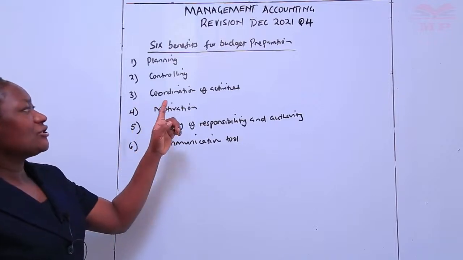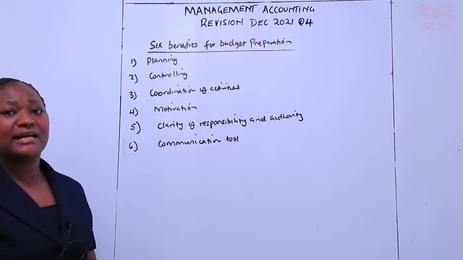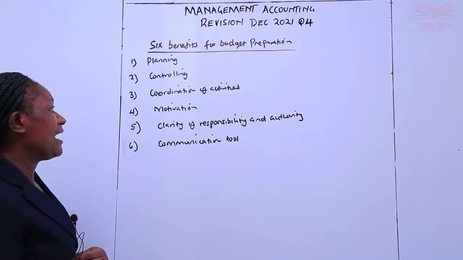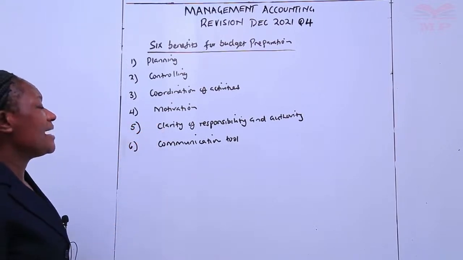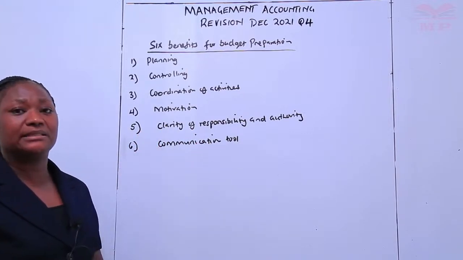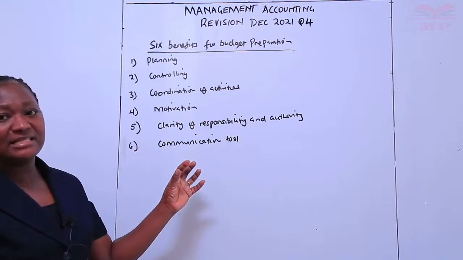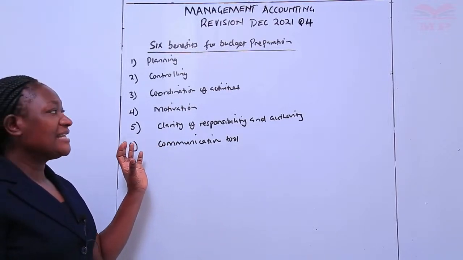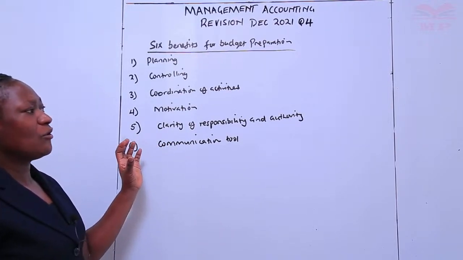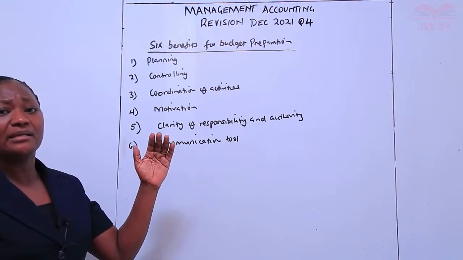And then coordination of activities. Through budgeting, all the activities of an organization can be coordinated. How? When we are preparing budgets, we do involve all the departments in an organization. And we normally have budgets depending on others before they can be worked out.